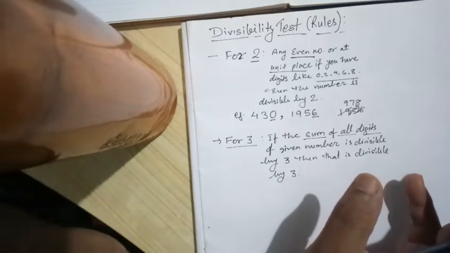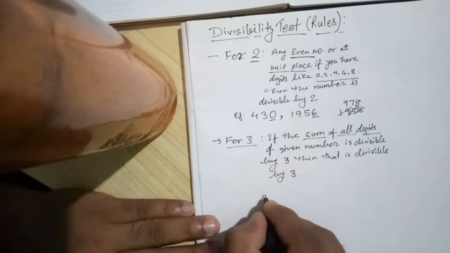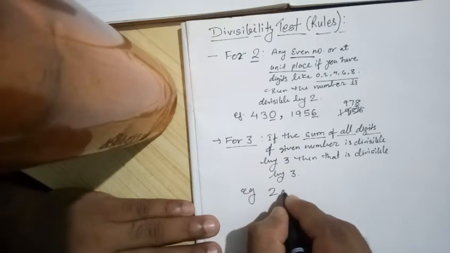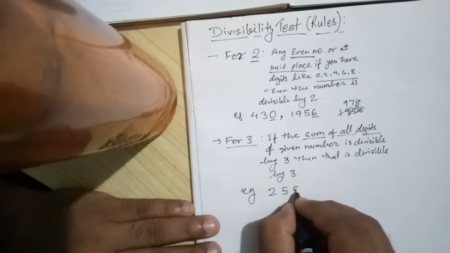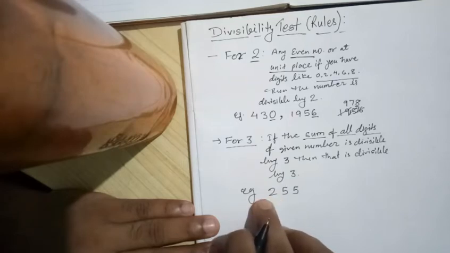If you add all the digits of a number, for example, let's take a number like 2, 5 and 5 again, 5 plus 5, 10, 10 plus 2, 12.